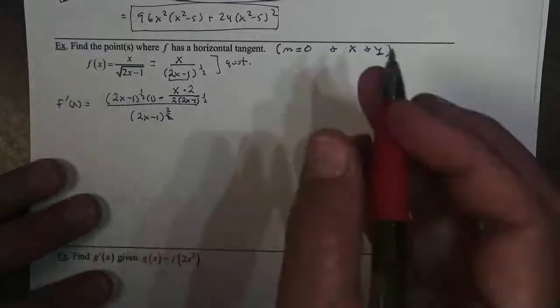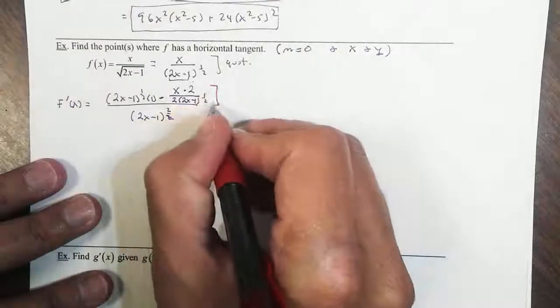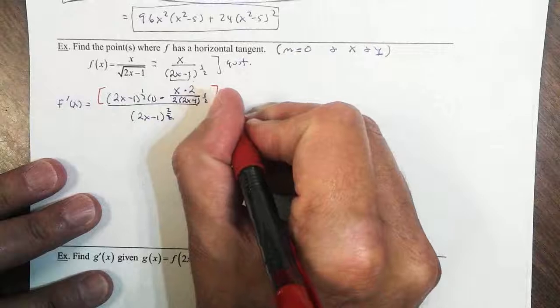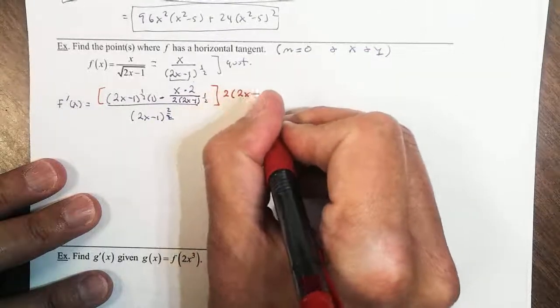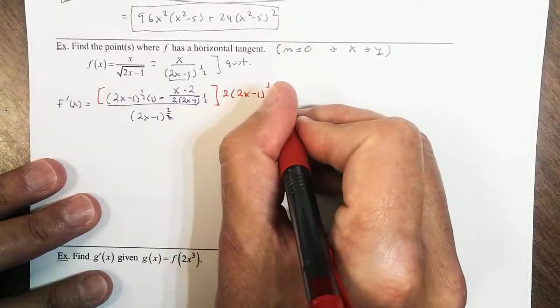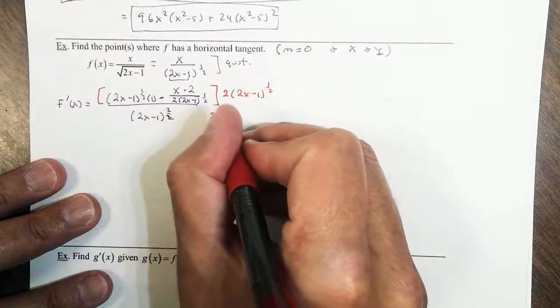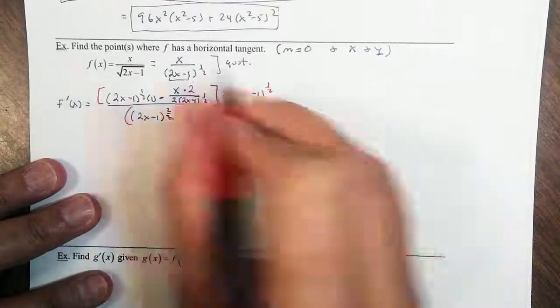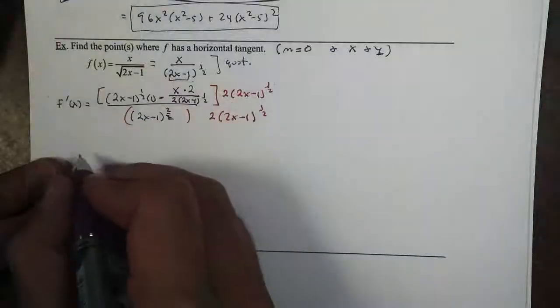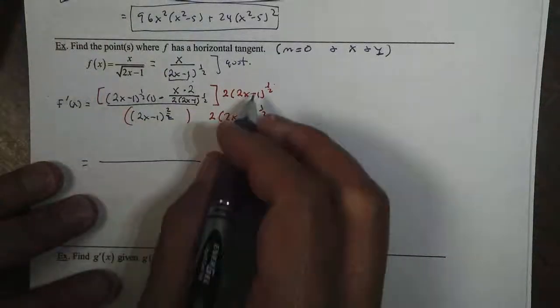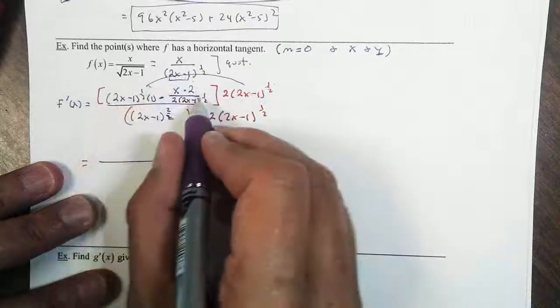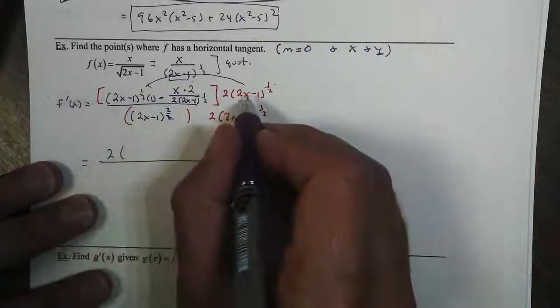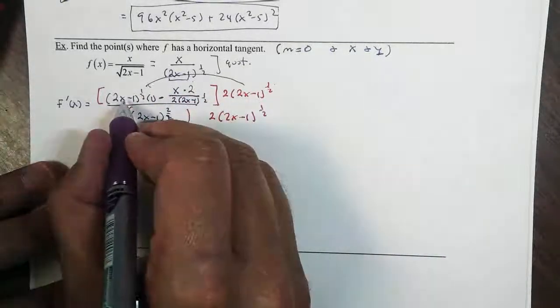Okay, now I'm not done yet because remember we don't like this complex fraction here, so I multiply top and bottom by my common denominator. Both top and bottom. Don't forget that. And when we simplify this, when we distribute on top, we're going to get 2. Now I have 2x to the 1/2 times 2x to the 1/2.